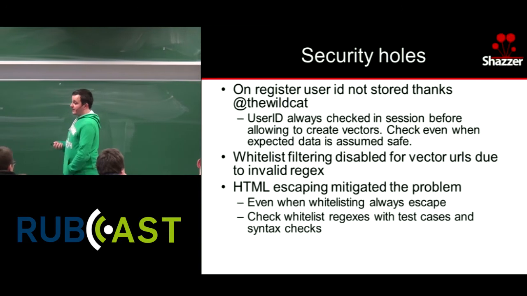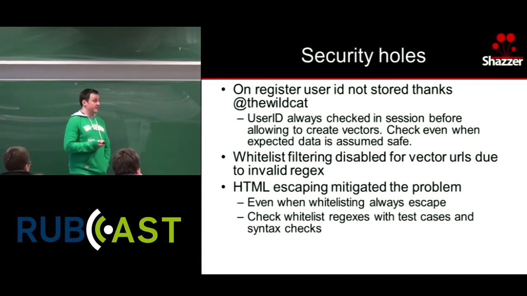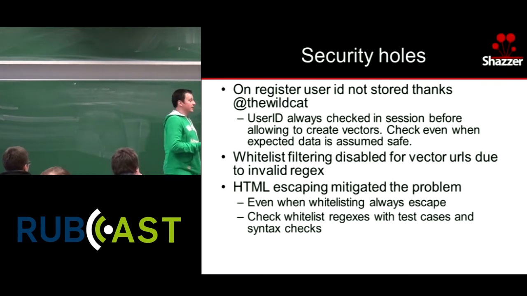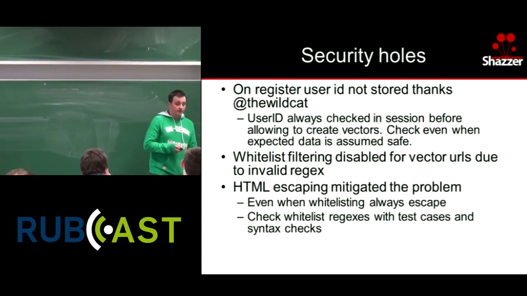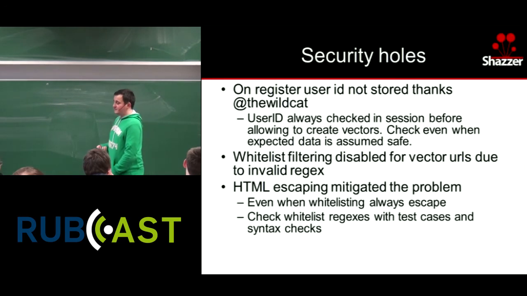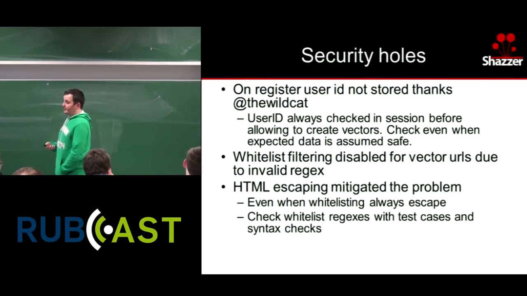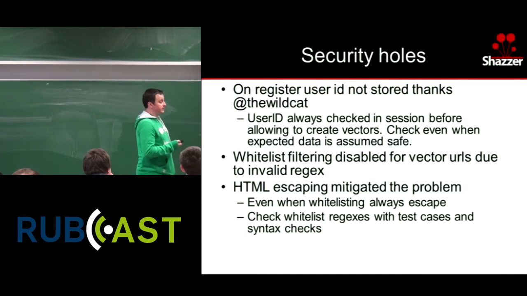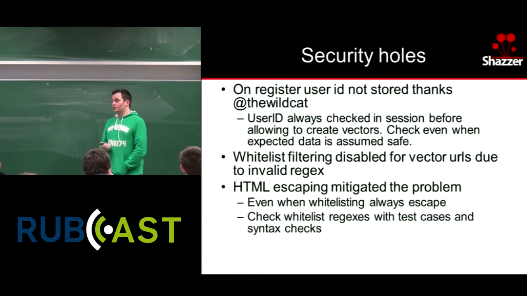The HTML escaping mitigated that problem though, because I HTML escaped afterwards. Even though my whitelisting went kaput, it didn't matter because the vectors still displayed. They weren't that useful because the whitelisting was there for a reason and prevented them from executing. But because I did a two-step process of filtering and escaping, it didn't cause a problem.